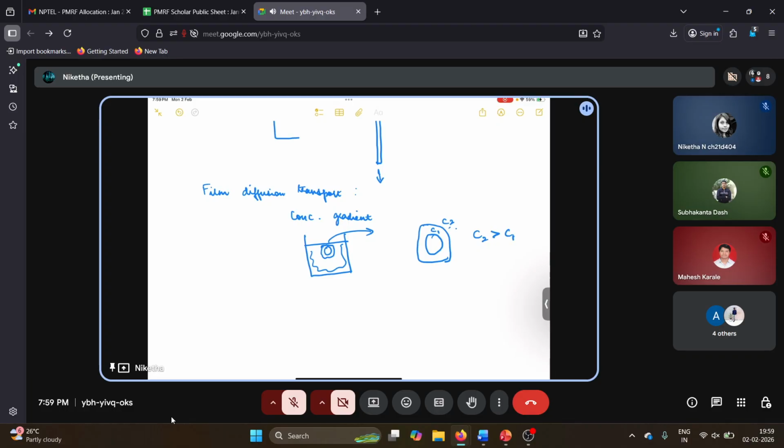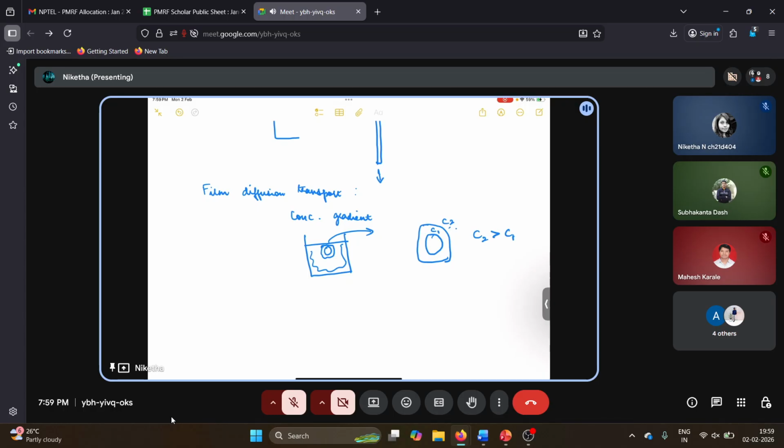Because what a concentration gradient does is it tries to balance the concentration on both sides. Wherever the concentration is more, from there the pollutant will move to the place where concentration is less, in order to balance the concentrations on both sides.